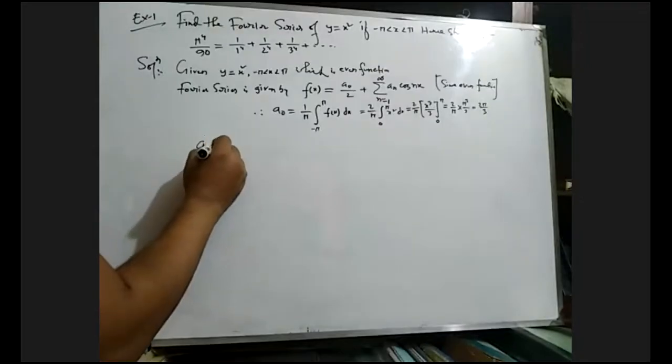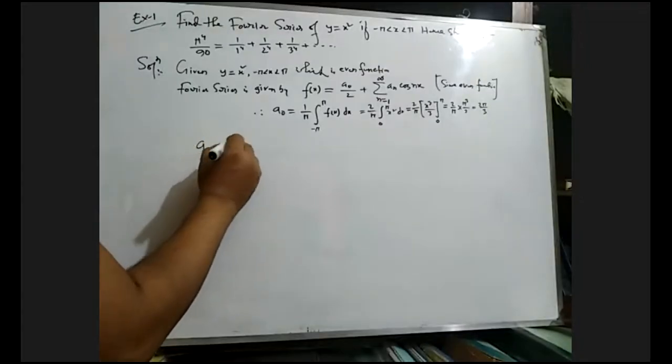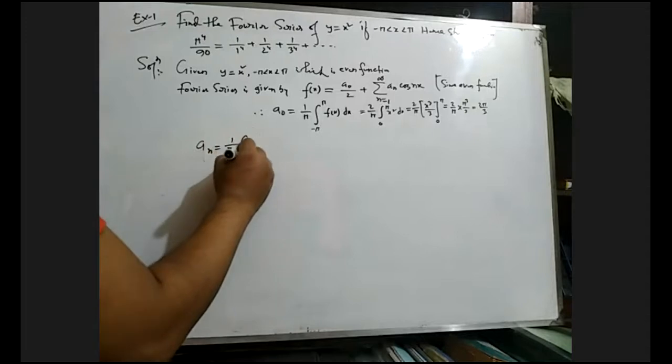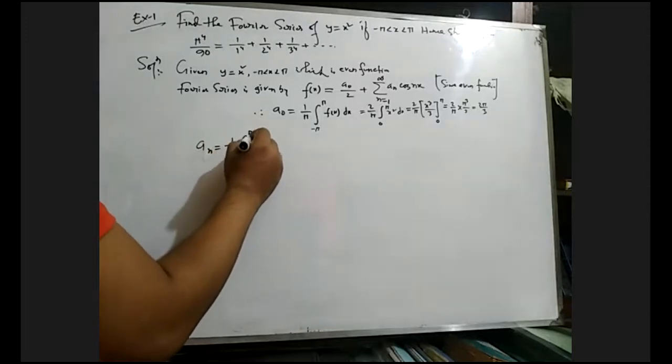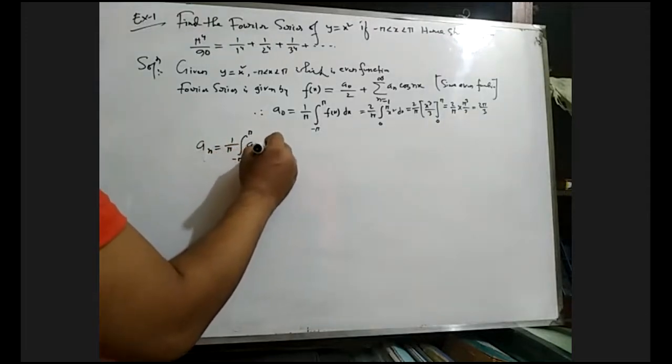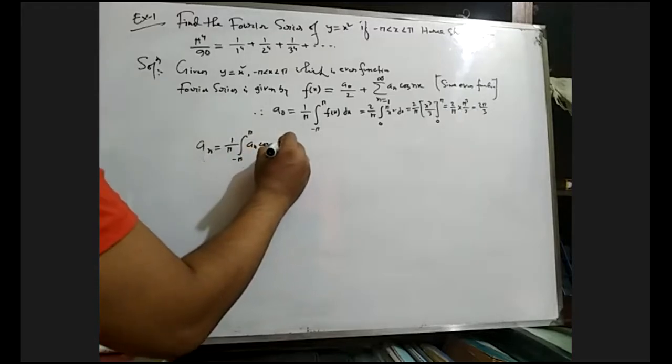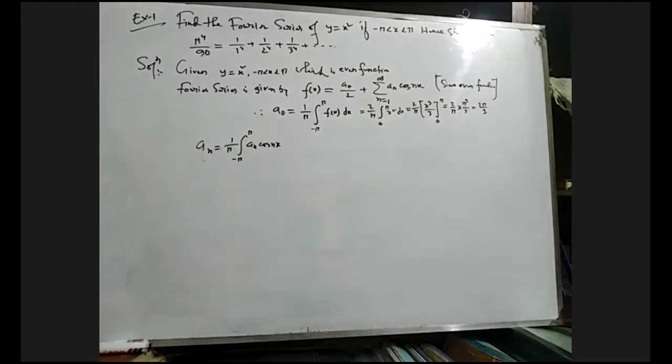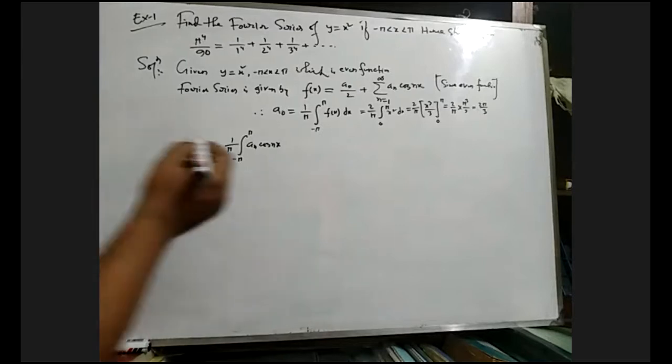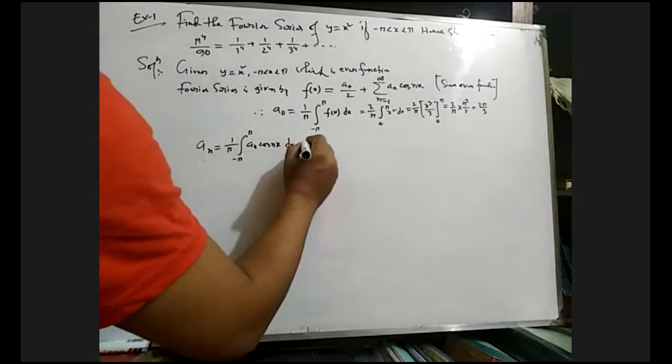And a n equals, what will be the formula? 1 by pi, integral from minus pi to plus pi, f of x cos nx dx.